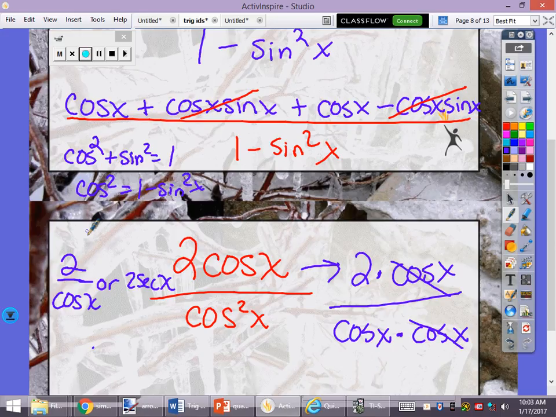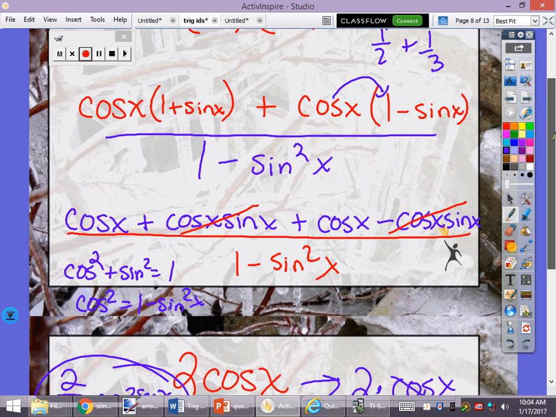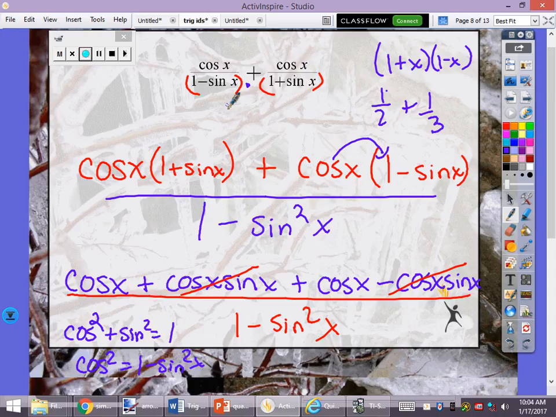Either one of these. When I made the common denominator, this times this, it's the product of differences. You had to FOIL, but this is one that you should know the shortcut to from Algebra 1.